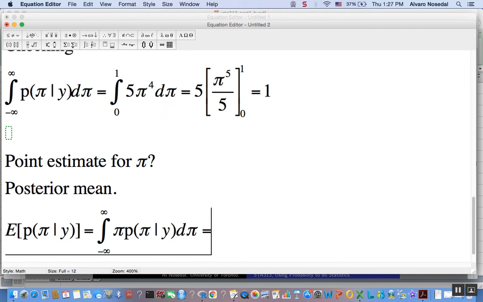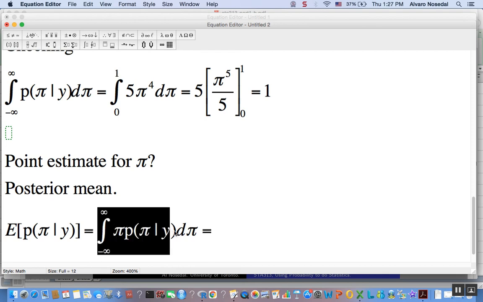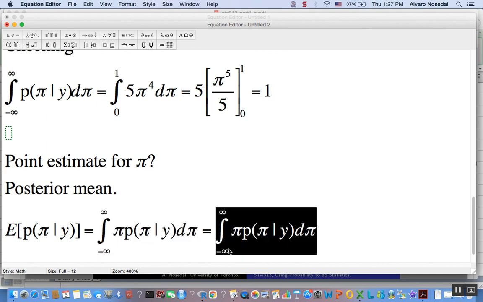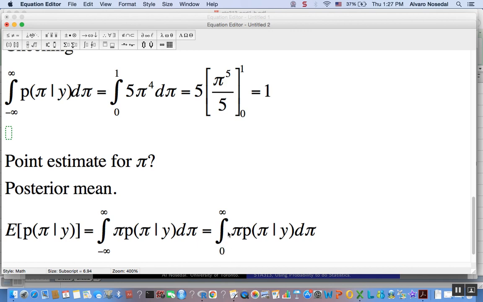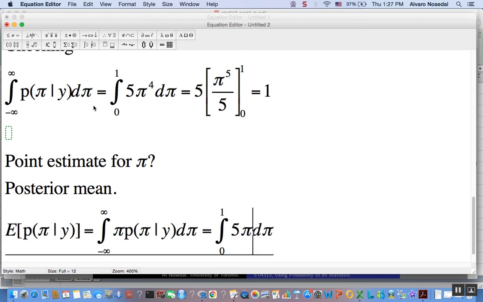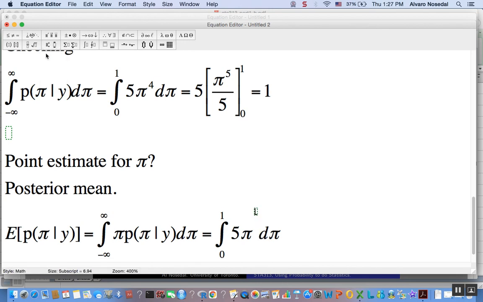We know that the only region that matters is the 0, 1 interval. So in the end, what we have is just the integral from 0 to 1 of pi times 5 pi to the 4th, which is 5 pi to the fifth.